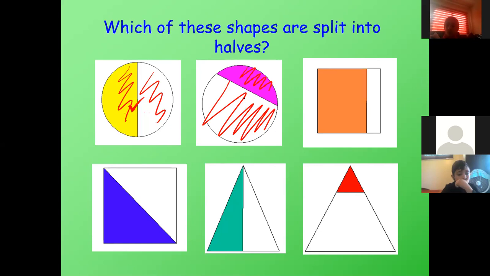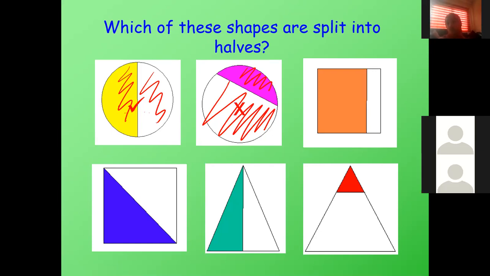So they aren't equal. So can we split it into halves? No. I'm asking you about the second one. Is the second one split into halves? No, because the 2 parts aren't the same.